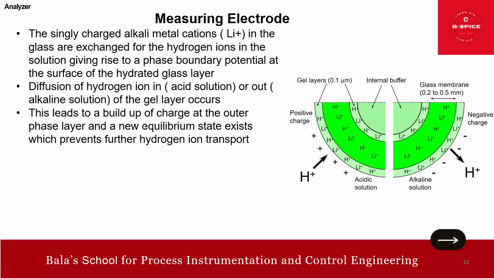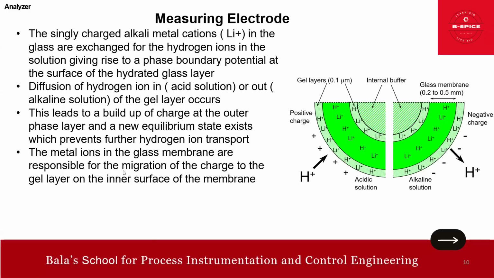This diffusion leads to a buildup of charge at the outer phase layer, and a new equilibrium state exists which prevents further hydrogen ion transport. So the metal ions in the glass membrane are responsible for the migration of the charge to the gel layer on the inner surface of the membrane.